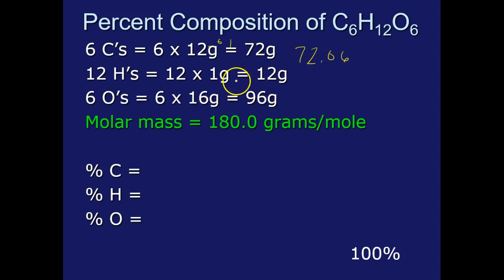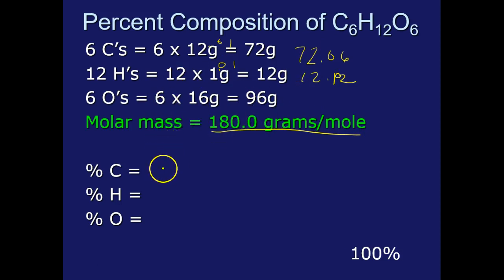We have 12 hydrogens at 1.01, so this should be 12.12. And then we have 6 oxygens at 16, which is 96. So first, find your molar mass, and your molar mass is about 180 grams. In this case, you would have a different number because of the rounding.